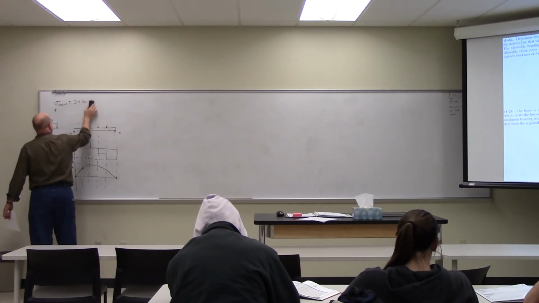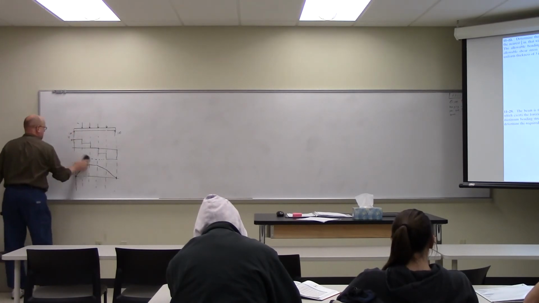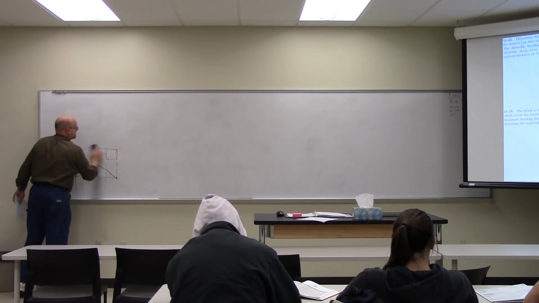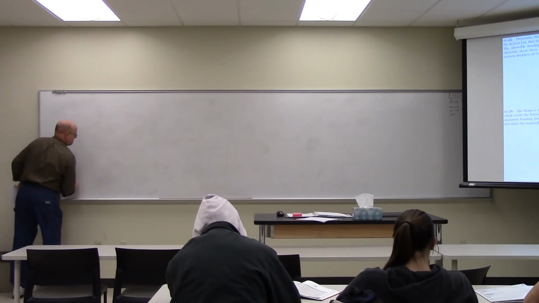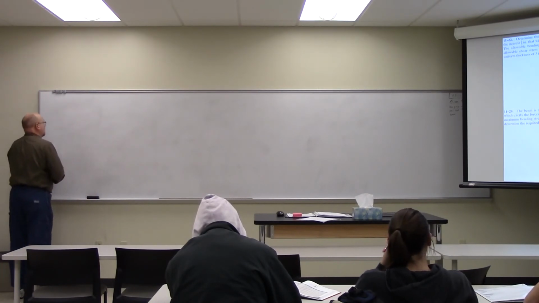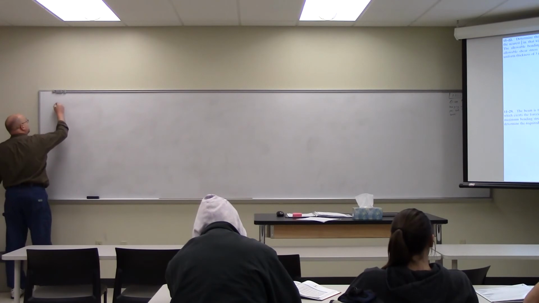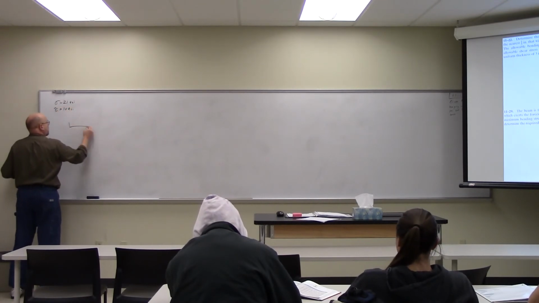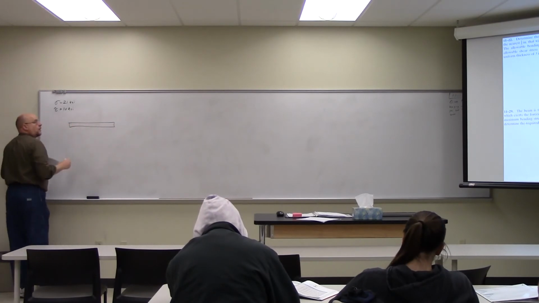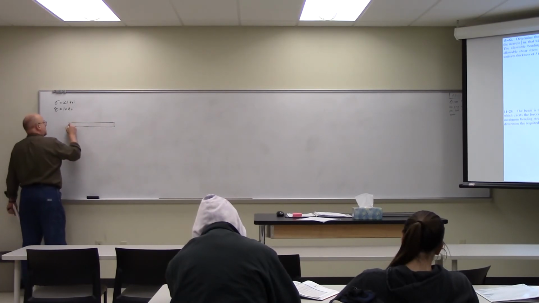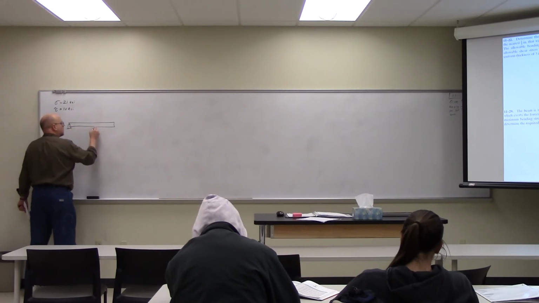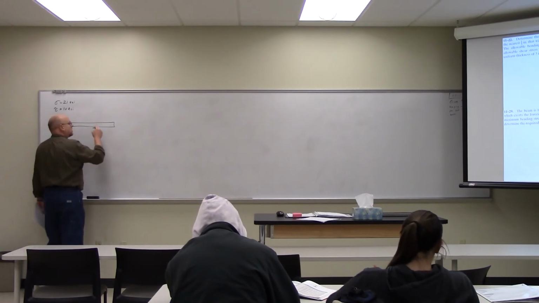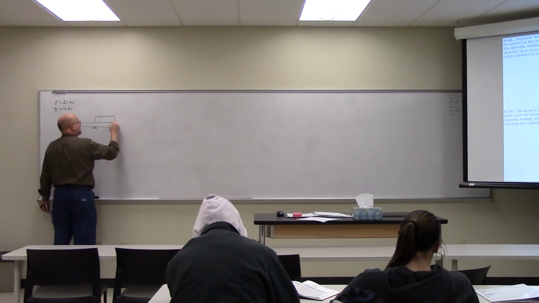So what do we start? Free body diagram. Rollers here in the center, and then we have a distributed load down here at the end.